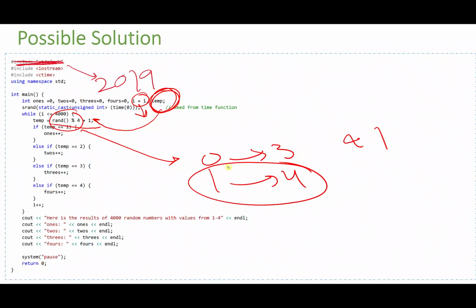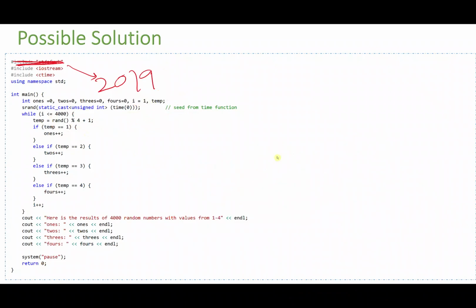But remember that I asked you to make that dependent on the time. Then you're doing this: srand, static cast unsigned int, time 0. Time 0 is going to give you something of type time. Convert that to unsigned int, because remember that srand takes unsigned int.